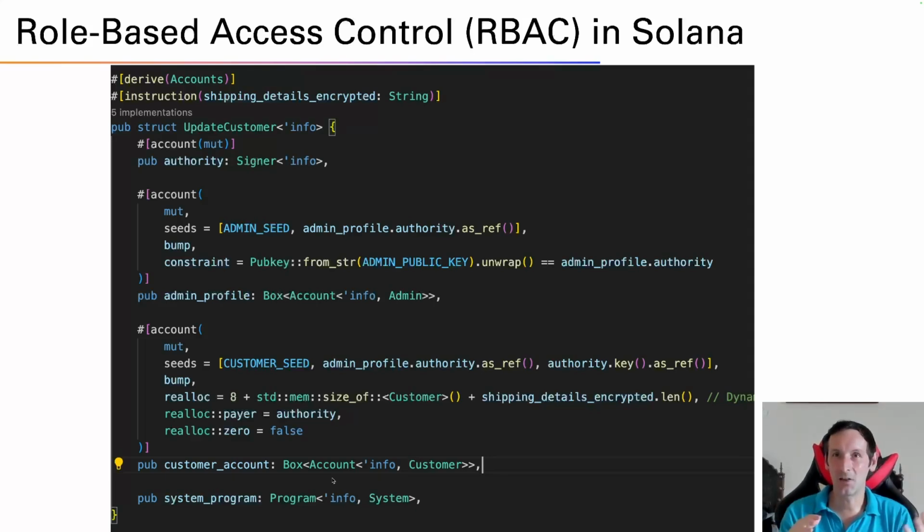So I made a design decision at the time, which was instead of saving the encrypted shipping details in all the purchase orders, I want to save them in the customer account, which makes a lot more sense because I only save it once and it's there. And so it saves a lot of space as well, because this is not going to be a small field.